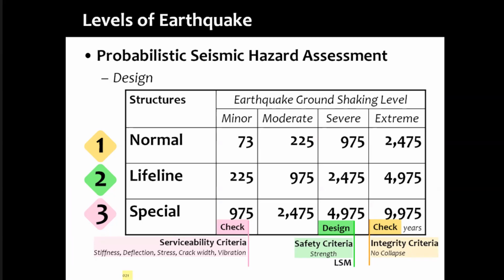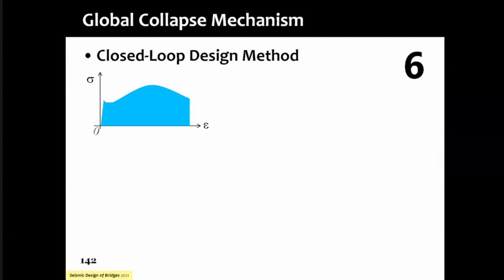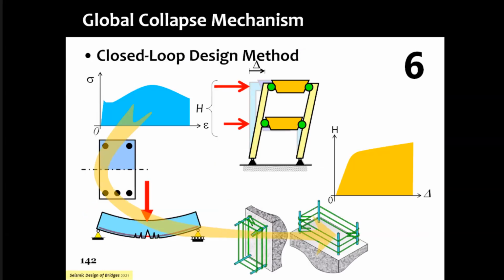The first one will be limit state method, the next one is working stress method, and the last one is nonlinear analysis method, right? Which means that we have to change our tool set that we carry forward in time ahead. And as I said, we need to do the closed loop design. This is what we will have to do in time ahead.